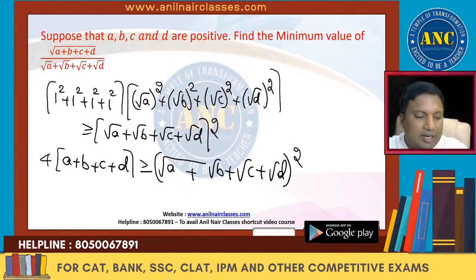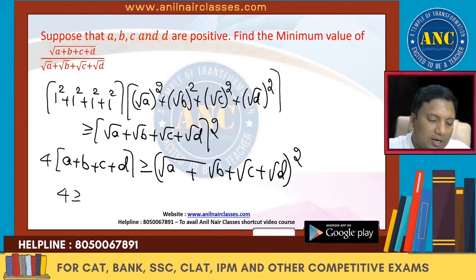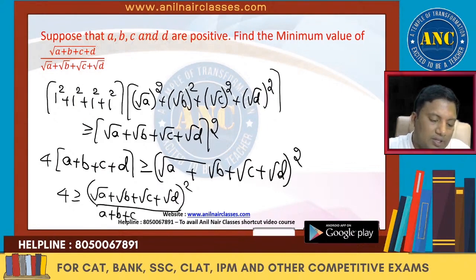Till here it is clear, right? So 4 is greater than or equal to root A plus root B plus root C plus root D whole square divided by A plus B plus C plus D.